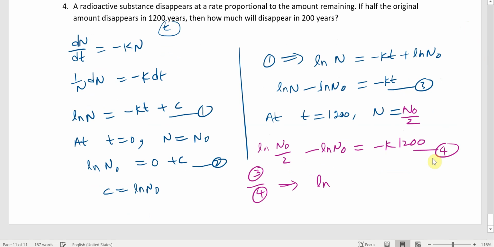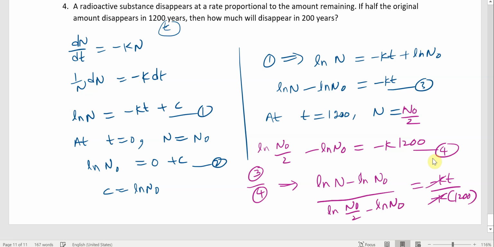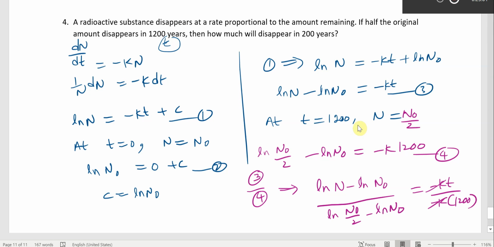So ln n minus ln n naught, divided by ln n naught by 2 minus ln n naught, equals minus kt by minus k 1200. These two get cancelled. So next we need to find the last requirement: how much will disappear in 200 years. So time is given, 200 years, and we need to find how much will disappear.